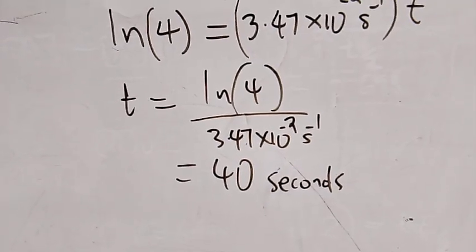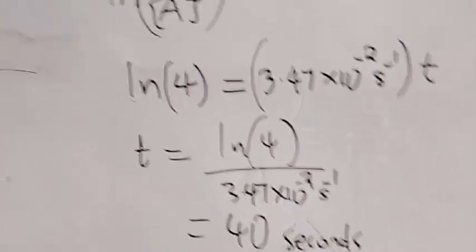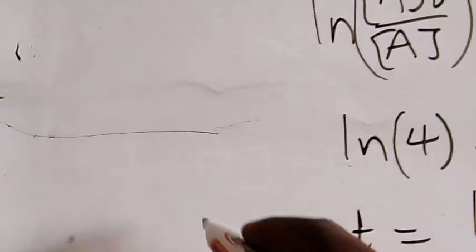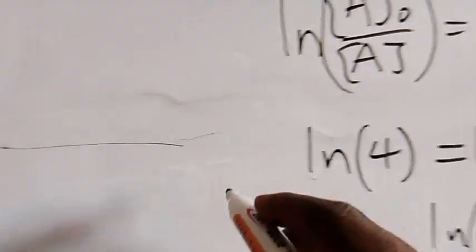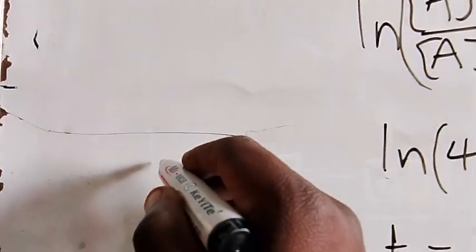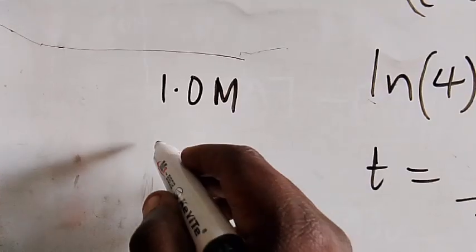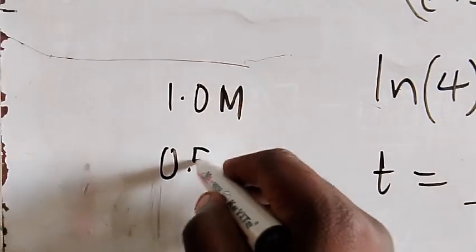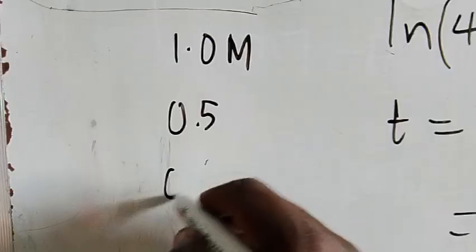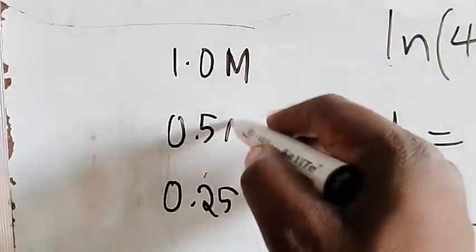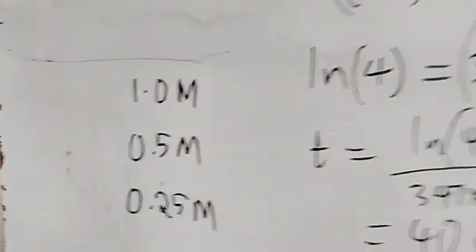Even when you use another method, say you start with 1.0 molar, after one half-life you are going to remain with 0.5. After another half-life it will be 0.25.